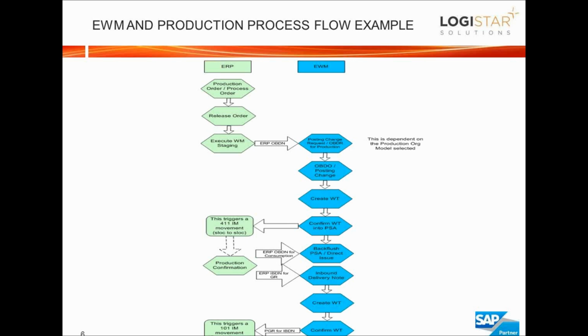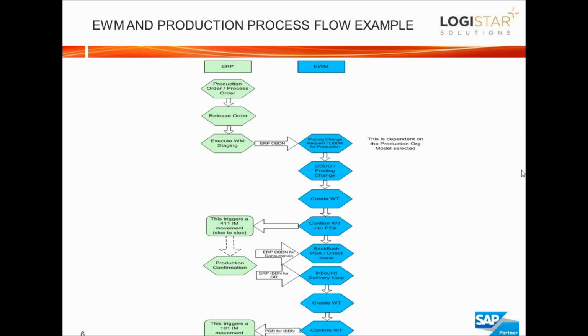So then production occurs, and when production is completed, you would trigger a production confirmation. Again, multiple transactions exist in ERP for the confirmation itself, so the process that you use today to do confirmations really shouldn't change.